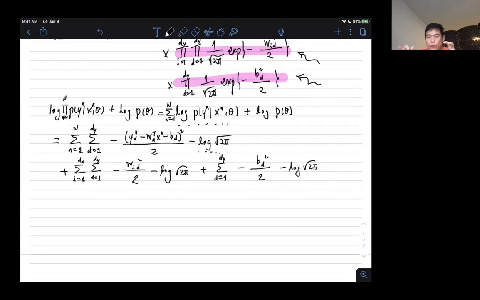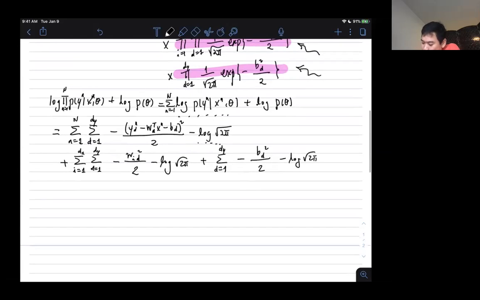Now, what we want is this log of the unnormalized probability. Why is it unnormalized? Because we kind of forgot about a lot of terms here. So what we now want to do is go to the log posterior distribution. Given this joint distribution, we want to gather all the terms that involve the weight matrix or the bias vector and inspect how things look.